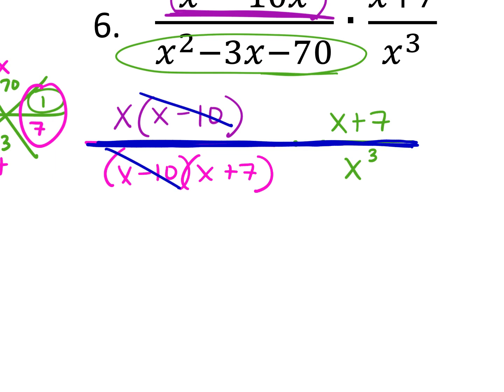Logan, what would you do next? Is there anything else that goes away? The x's. Okay, what can we do with our x's? So you have an x on top, you have an x cubed on bottom. What is that going to leave you with?